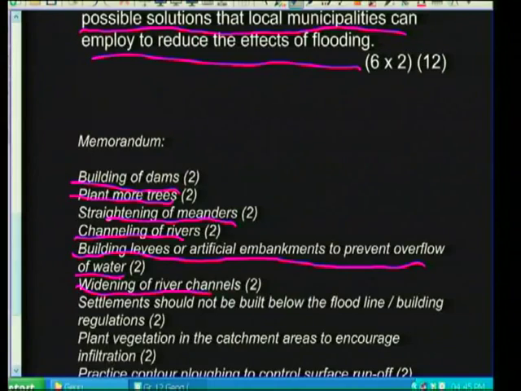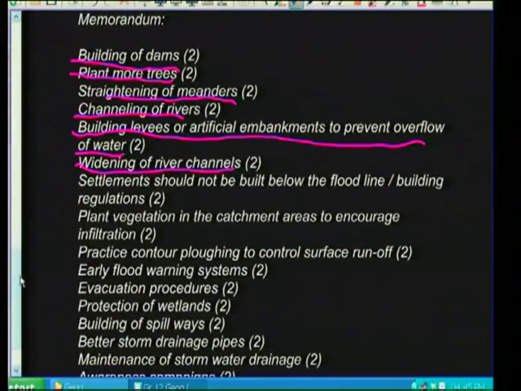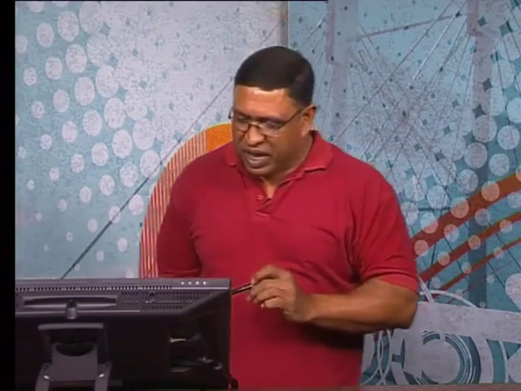Widening of the river channels. You notice the amount of fluvial processes also coming in here. The sections are related. So you widen it, it holds more water.